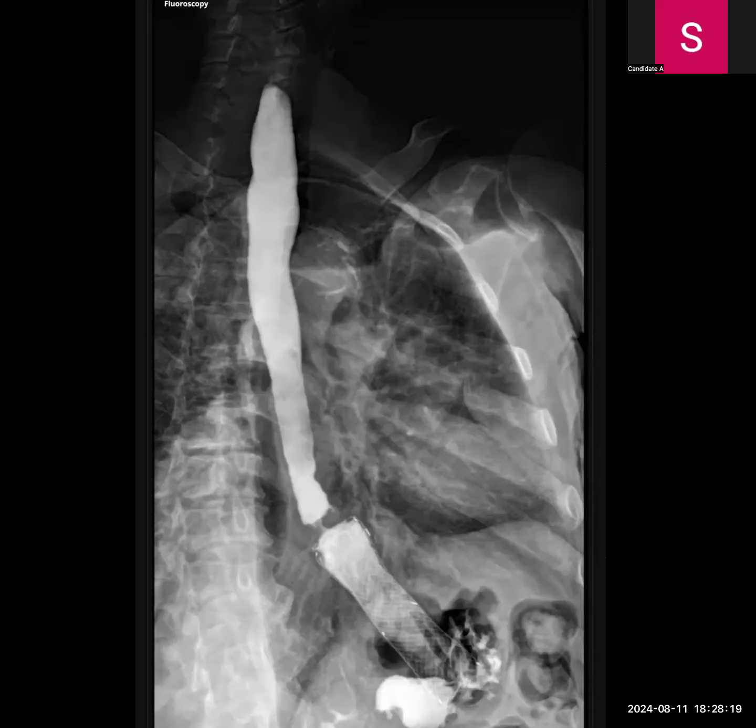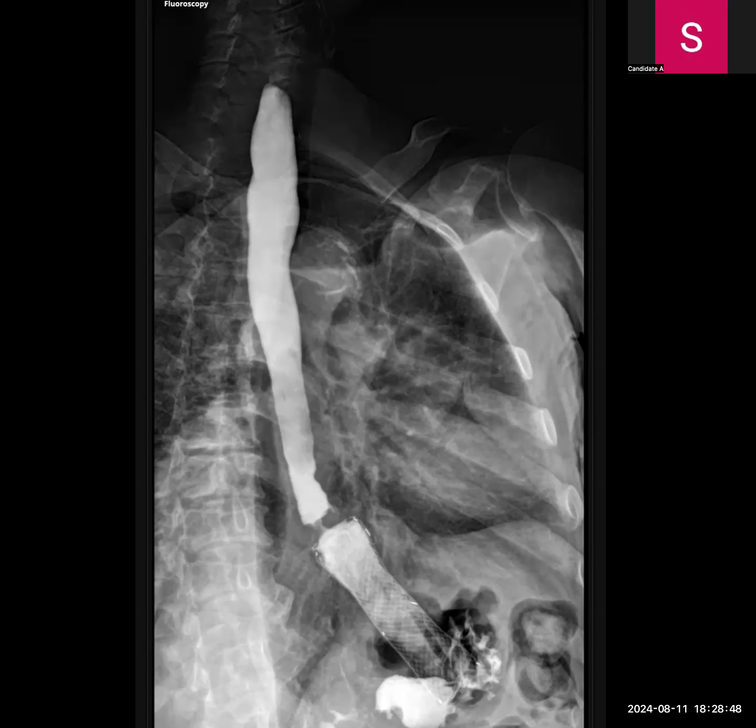Okay. So this patient presented with dysphagia. This is a frontal radiograph of a barium swallow study showing the upper and the mid part of the esophagus. I can see that there is an esophageal stent noted within the lower part of the esophagus with some clips, suggesting that this could be a post-operative scan.